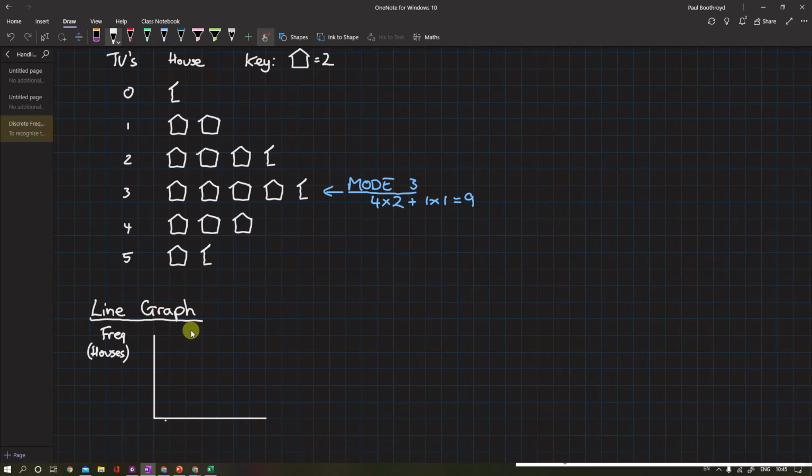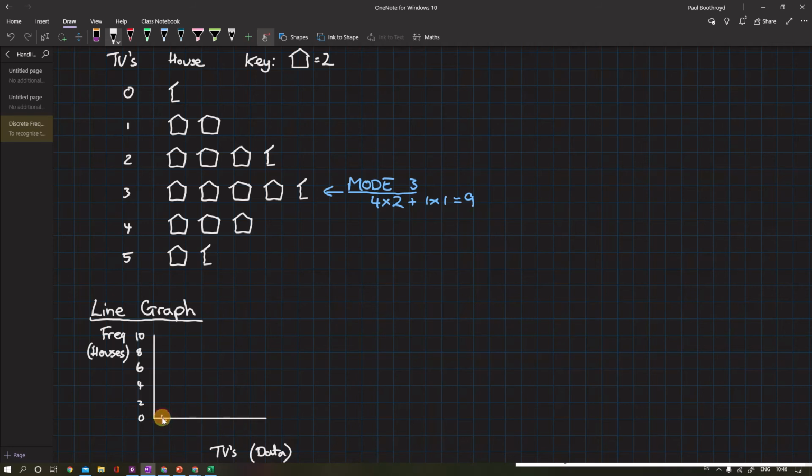It's talking about houses. My data value is TVs, and that traditionally goes horizontally, although they can go vertically. So my frequency counts from 0, 2, 4, 6, 8 to 10, so I can fit my 9 in. With line graphs and discrete bar graphs, you do not label numeric data like this as if it was a scale.